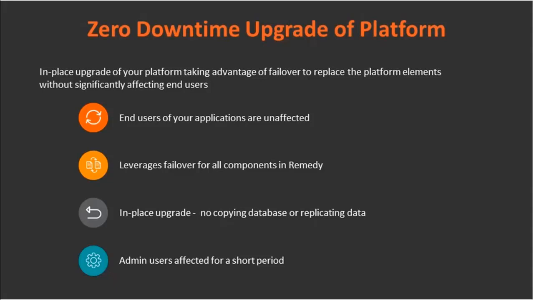While a specific server is getting upgraded, it is not available for any user or integration traffic, and other servers do that job instead. So that's a very simplified, non-technical description of how Zero Downtime works.